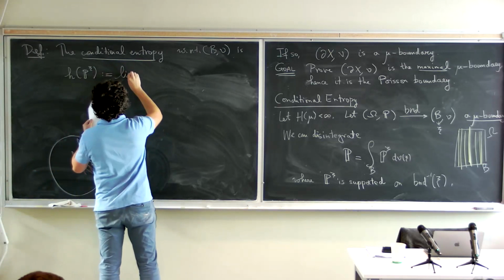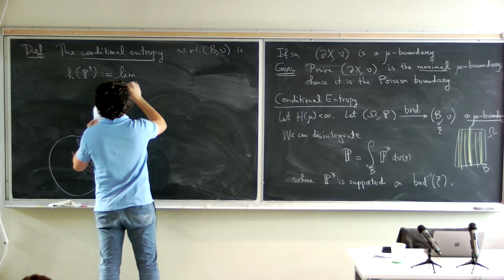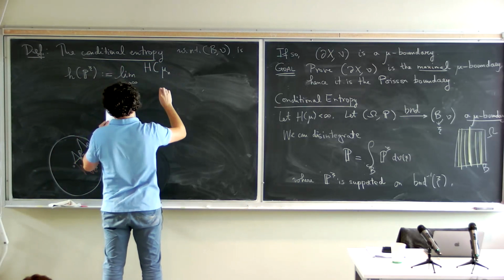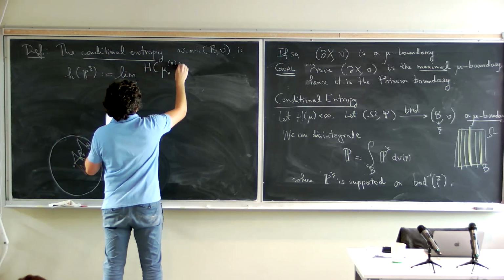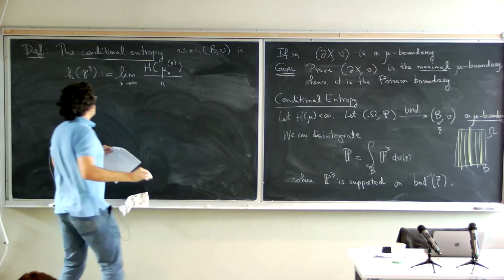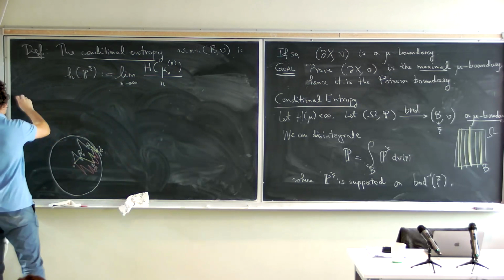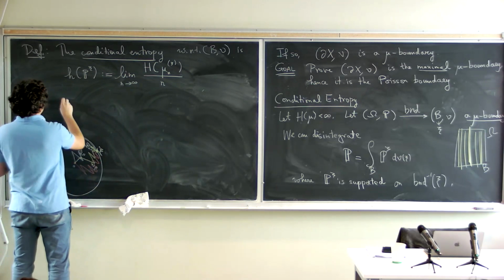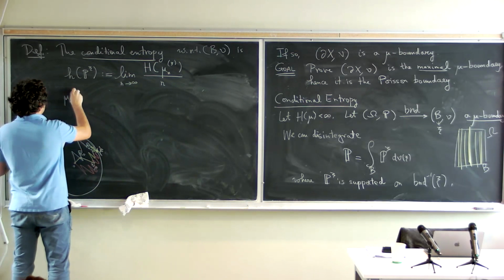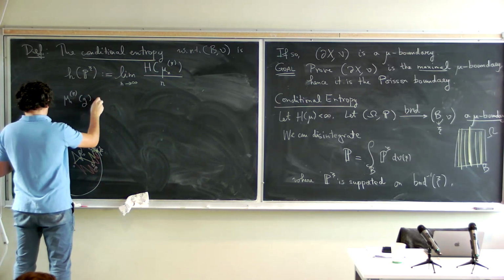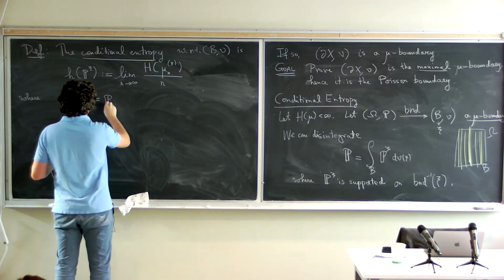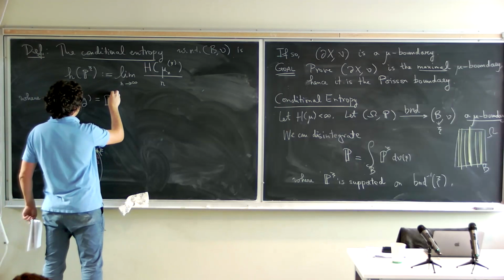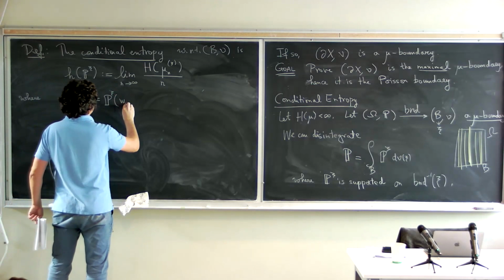One is the limit as n goes to infinity of the entropy of the n-step distribution of this conditional walk, where mu n psi of g is the probability, under P psi, that W n equals g.